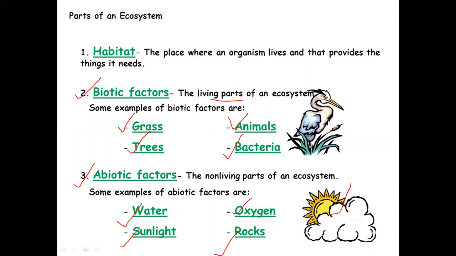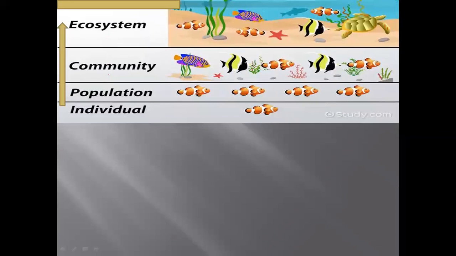The third part of the ecosystem is habitat. Habitat actually is the specific place where an organism lives and that provides the things it needs. We see here, first we will talk about an organism.